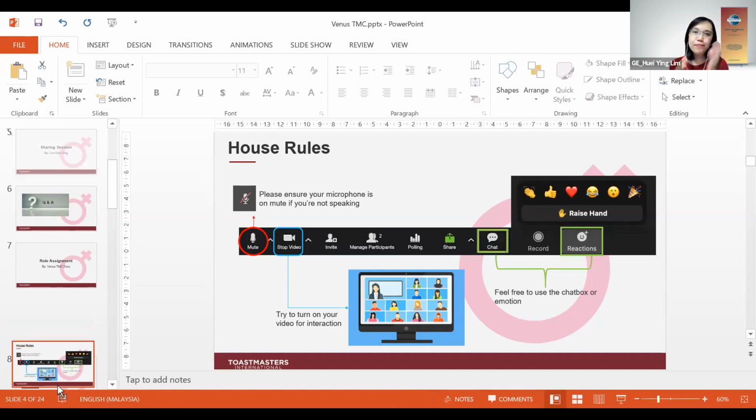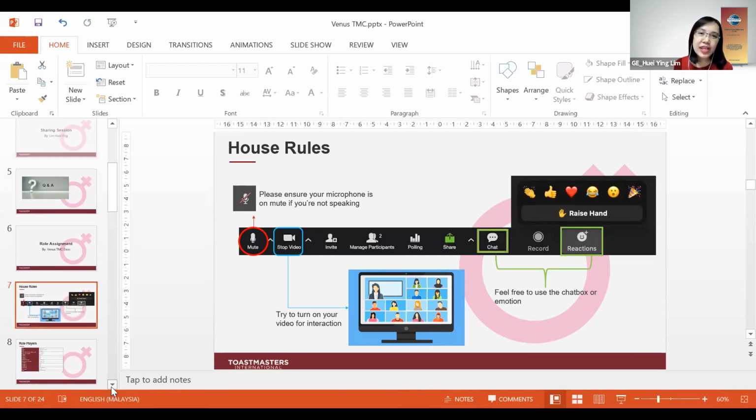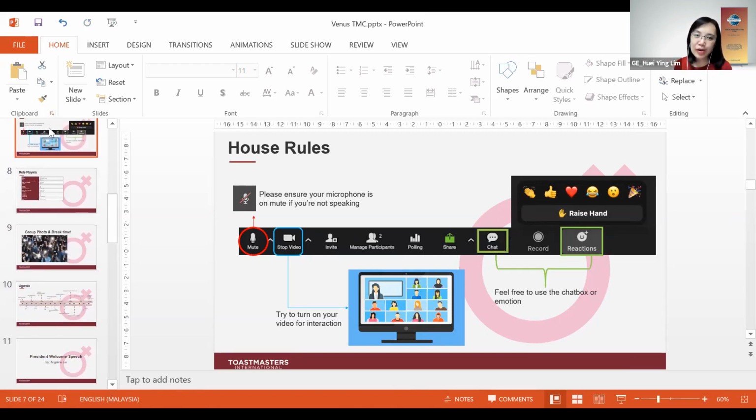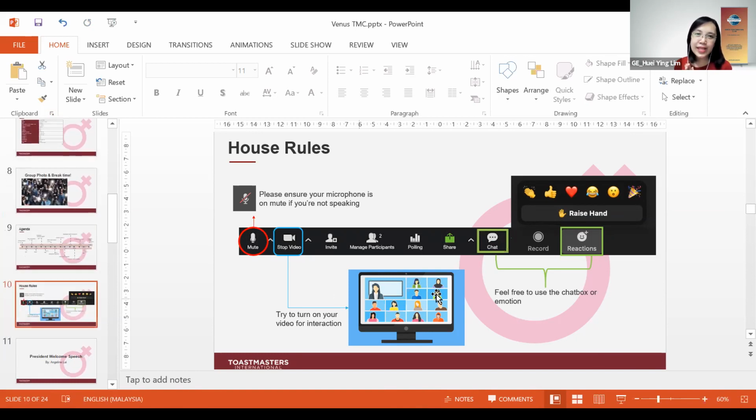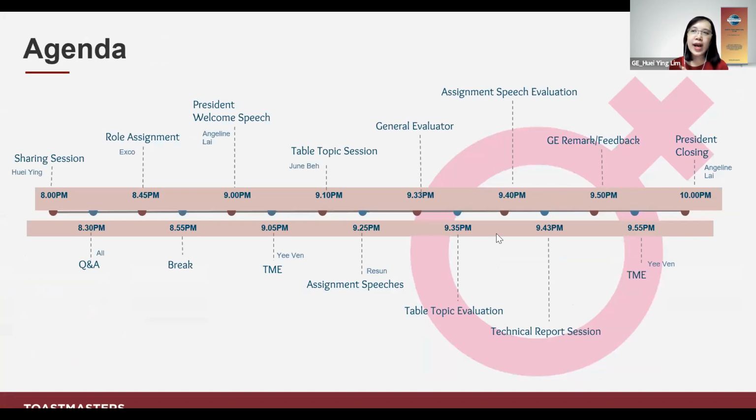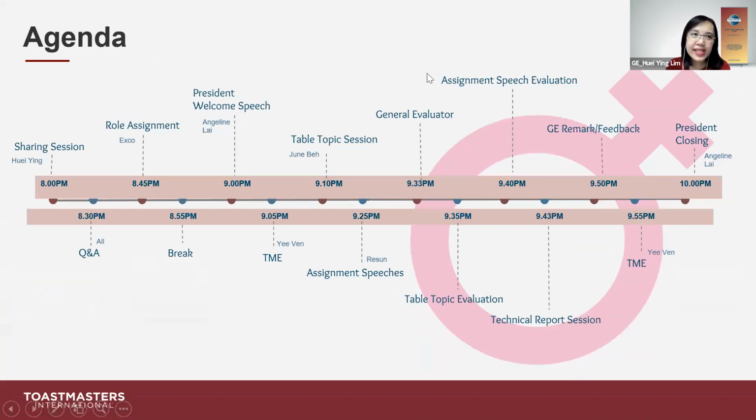I will be the general evaluator for tonight's meeting, evaluating the whole meeting. So without further ado, I will hand it over to Risan as the SAA to run through the house rules, and then you can have the meeting started.